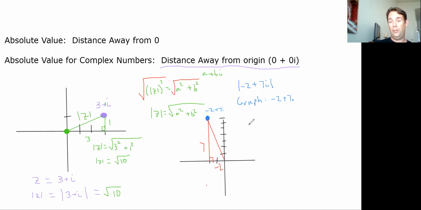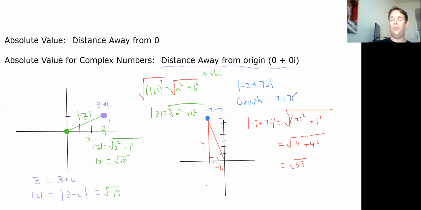So that means the absolute value is the square root of -2 squared plus 7 squared. So 4 plus 49. And that absolute value is the square root of 53.